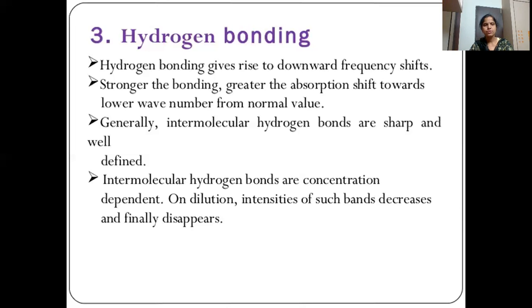So on dilution, if there is a change in the vibrational frequency, then that particular molecule has intermolecular hydrogen bonding. If on dilution there is no change in the vibrational frequency, then we can say that molecule is showing intramolecular hydrogen bonding.